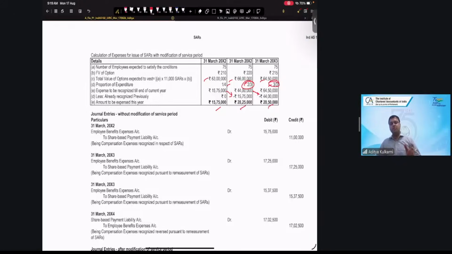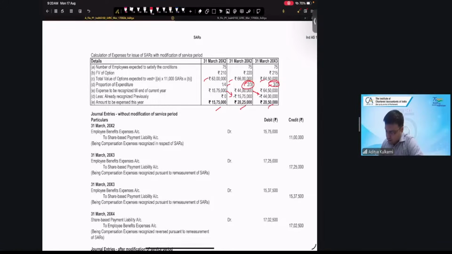Earlier it was 4 years, so 1/4, 2/4, 3/4, and 4/4. But here we are changing the vesting period to 3 years. So therefore, from year two onwards, it becomes accelerated vesting.